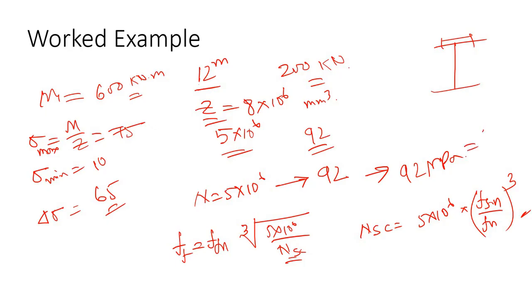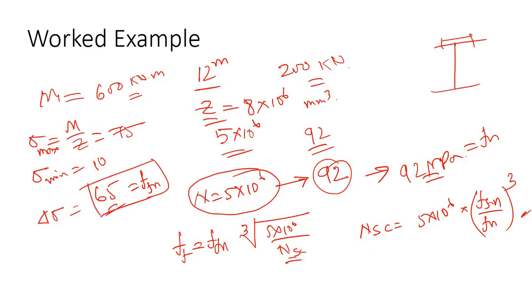This is 92, which we have found corresponding to this stress cycle and corresponding to detailing category 92, and this is Fn. Fn is simply this one. This is the stress range. So from this value we will find out the allowable stress cycle, 5 into 10 to the power 6 into, this is 65 by 92 cube. So you will get a value.